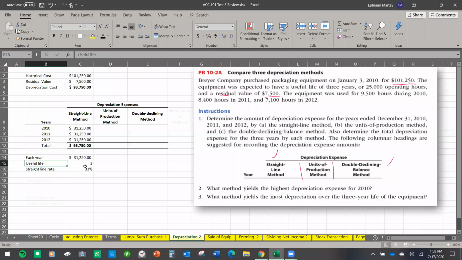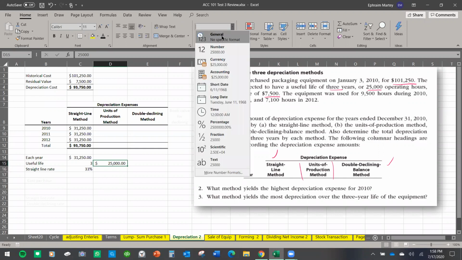So that is our straight line depreciation. Unit of production is similar to straight line, but straight line is in years and unit of production is in hours or activities. We know the useful life for straight line was 3 years, but for unit of production it was 25,000. We'll put it there, and this is not in dollars, but in number.